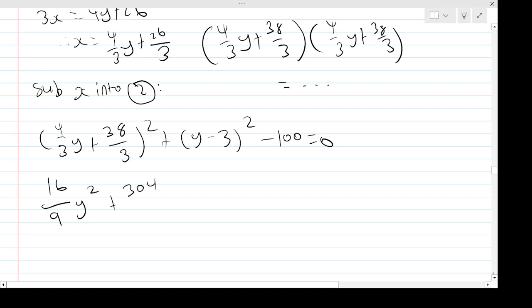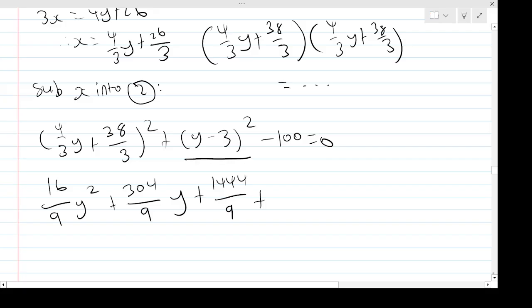So add 304 over 9 y there, and then we're going to get 38 over 3, all squared. So 38 over 3 times 38 over 3 again. You're going to get 1444 over 9. Okay, that's dealt with.